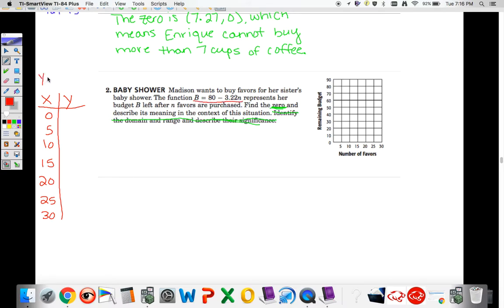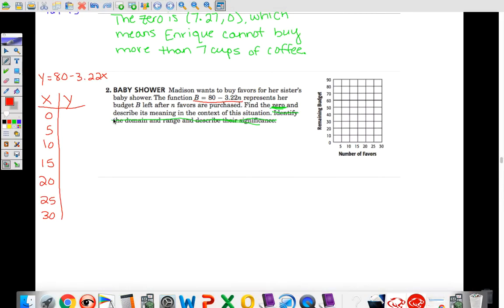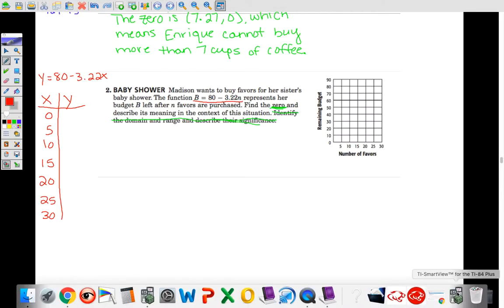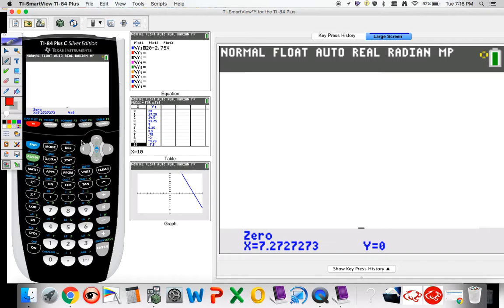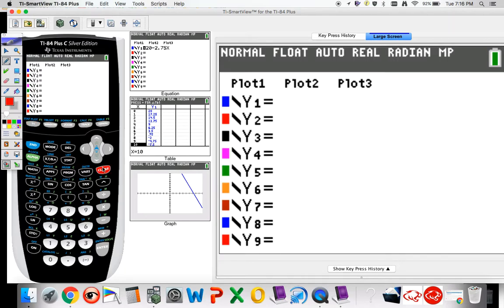So my equation is y equals 80 minus 3.22x. So we're going to go ahead, put this into y equals, and we're going to fill in our table. So go ahead right now, go to your y equals, clear everything out, type that in. So we have 80 minus 3.22x.